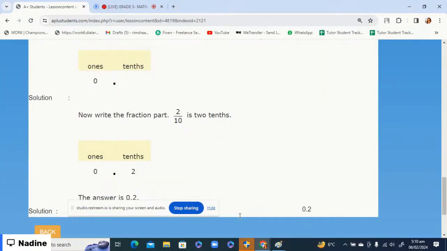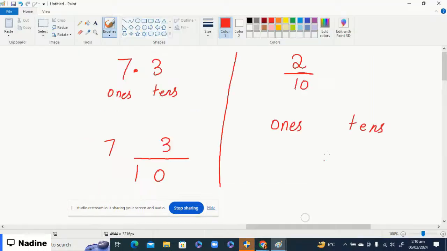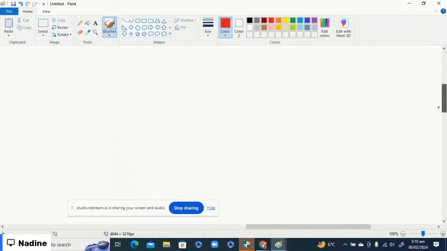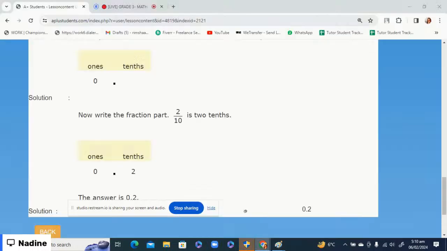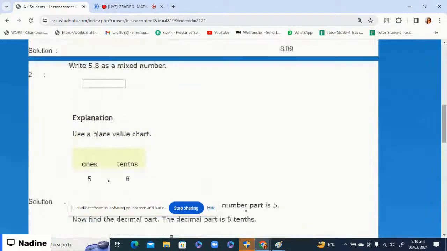The point is here between ones and tenths, and after the point, because here is only 10, the point lies here. So this 2 should lie after the point, and this 0 should lie in the ones place. So the answer is 0 point 2. All right, so in this way we're going to solve all of them one by one. So let's do the next.